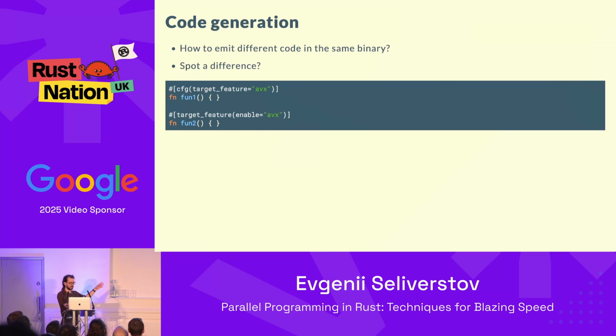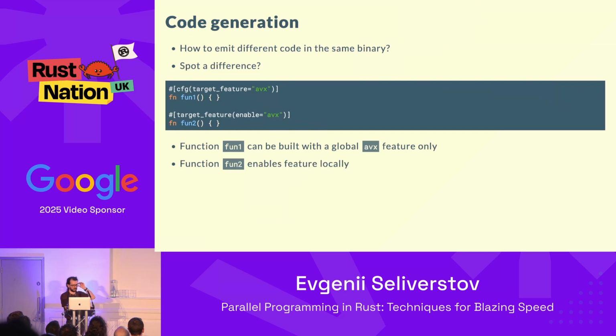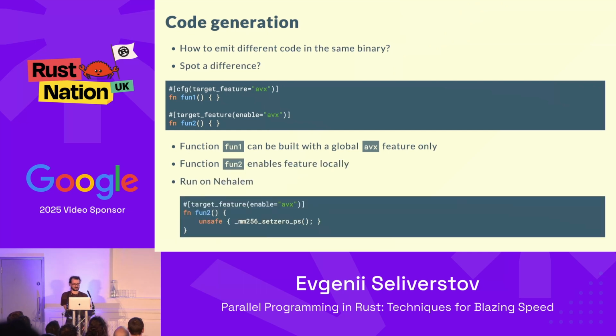The first one is compiled only if we have the feature enabled in our compiler settings. And the second one generates the code for AVX. So it means the second function can contain code specific to this particular architecture. So if you run it on an old processor, we'll have a crash. We don't want to have a crash. We don't even have unsafe in our programs.